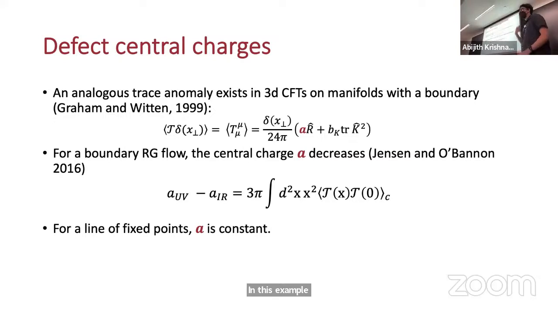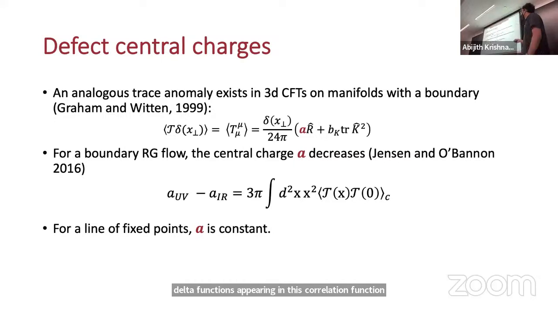Analogously to the example for the 2D CFT, the central charge decreases along a boundary RG flow. And in fact, it's given by a very similar correlation function as the 2D case. Here I've written for convenience T mu mu as script T delta X, just so that we don't have to worry about delta functions appearing in this correlation function.